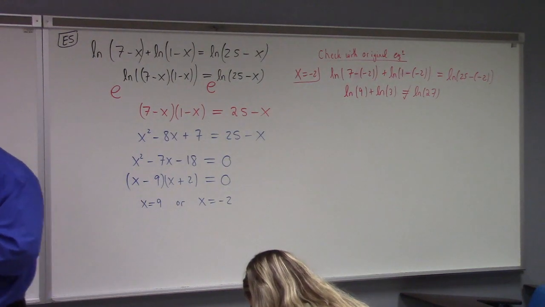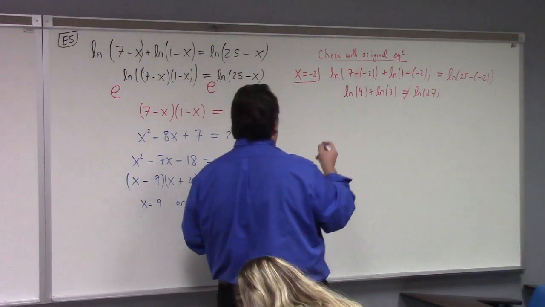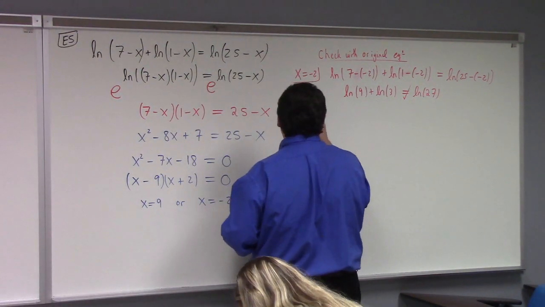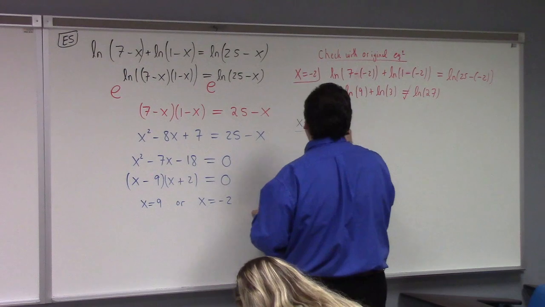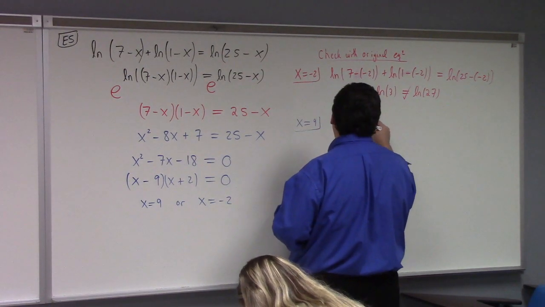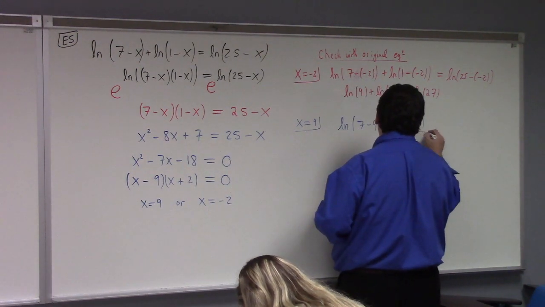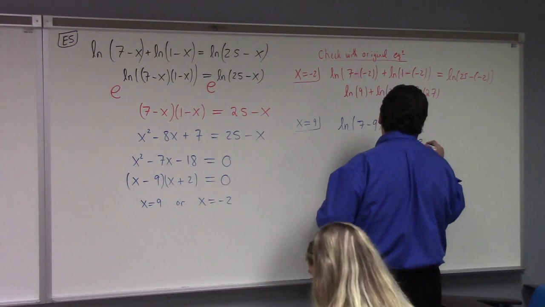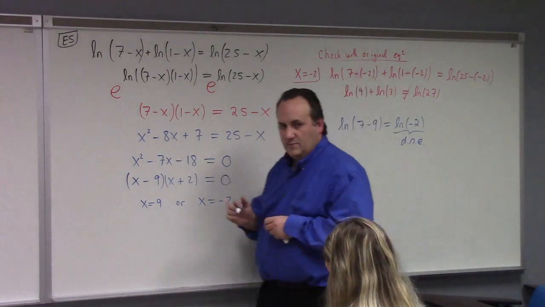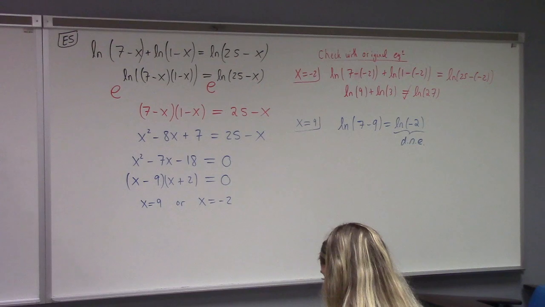So this time the negative one is included, it's not extraneous, but what happens with the positive solution here? Bad things, right? X equals 9, oh, I've got natural log of 7 minus 9, which is the natural log of minus 2. This does not exist. We can stop right there. All you got to find is one piece of the original equation which is undefined, and you're done.